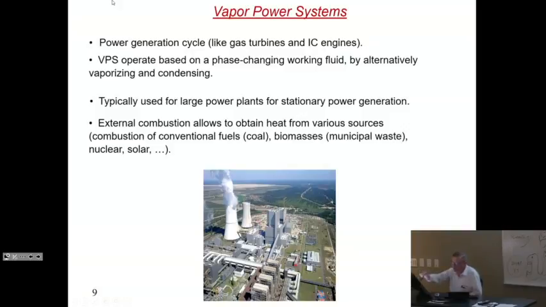The heat can also come from nuclear or from solar. So here is your classic power station. You can see these are the cooling towers for cooling the water. And we'll go into details.